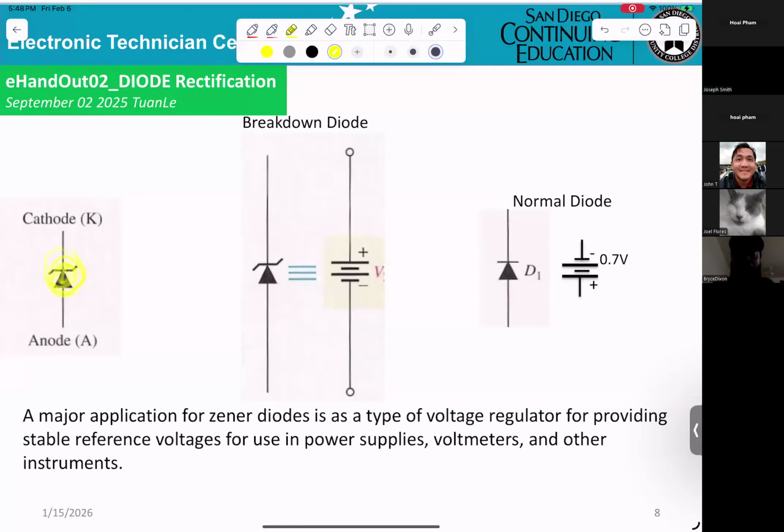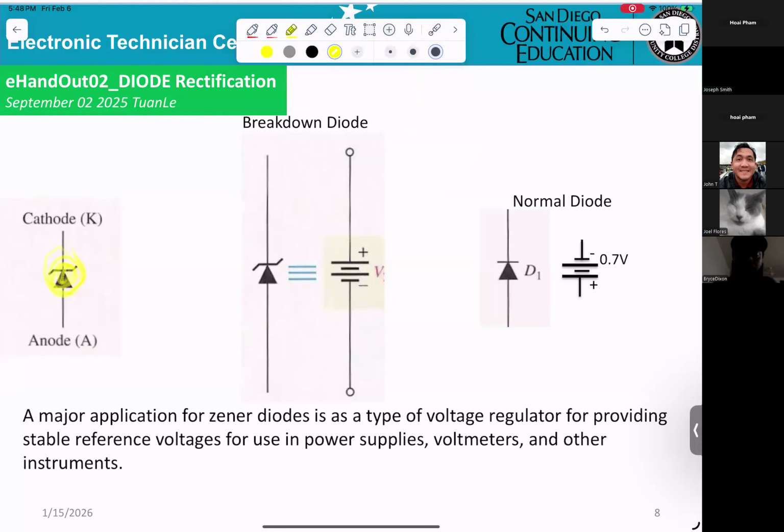Okay, you see that's simple. A little different from the regular diode.